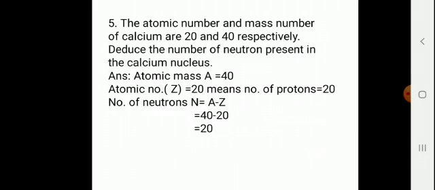So the number of neutrons present in calcium atom is 20. So number of neutrons are calculated by subtracting atomic number from atomic mass number. Clear? We will discuss the next topic, distribution of electron, in next video.